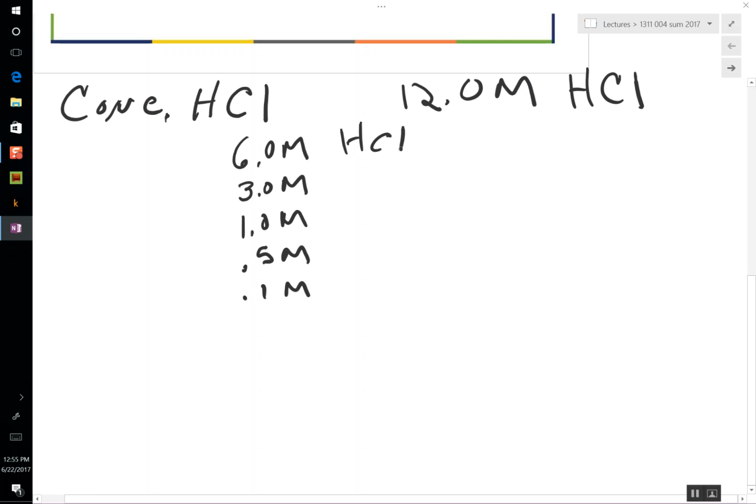What are all those numbers? All those numbers are less than 12. We can't make 13 molar hydrochloric acid out of concentrated. How are we doing this? We're adding water. You go to HEB and buy frozen orange juice concentrate and bring it home.